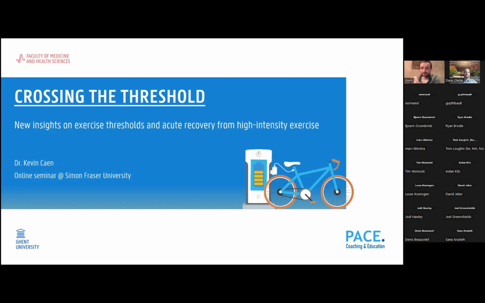So the power output changes, but the VO2 remains stable.